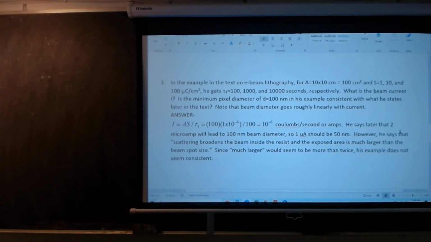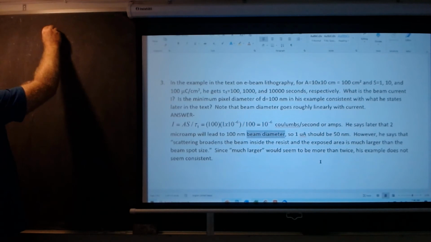Now, however, that is the beam diameter, which is the diameter of the electron beam. If you go back to the figure, I'm going to go to the board and hopefully stay in focus everywhere.